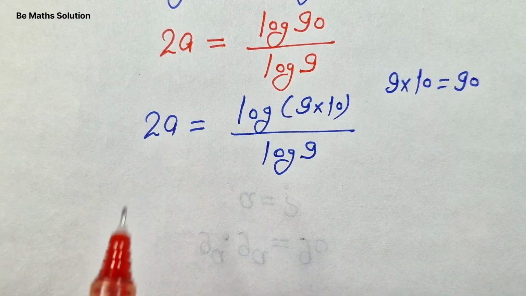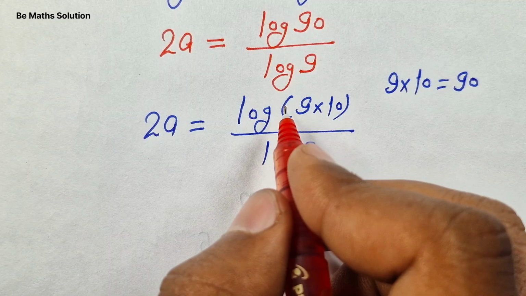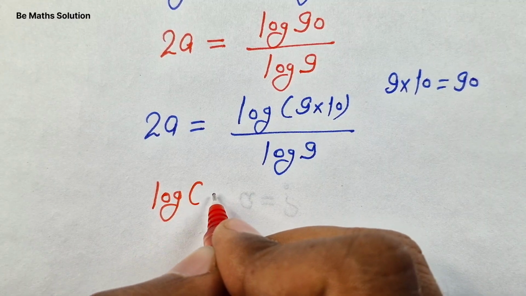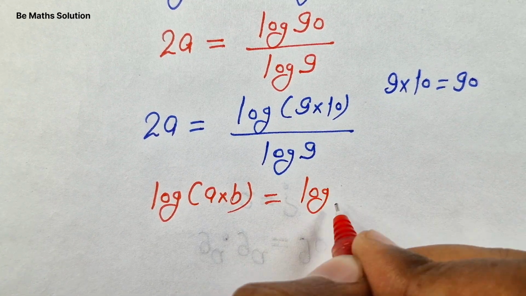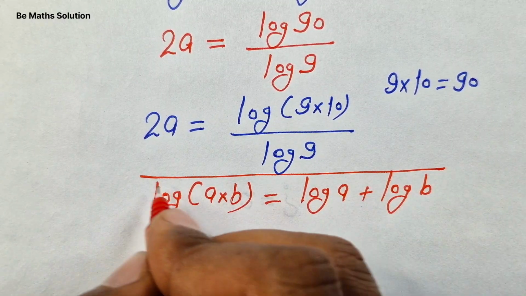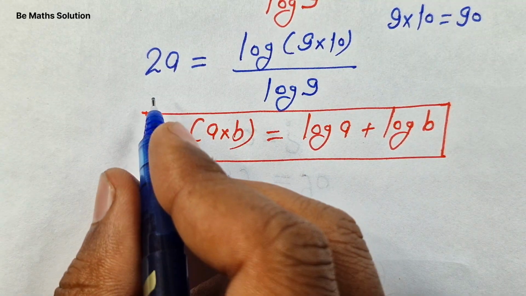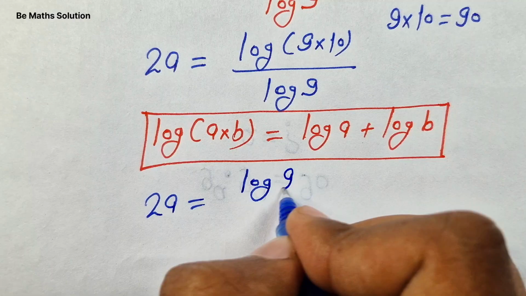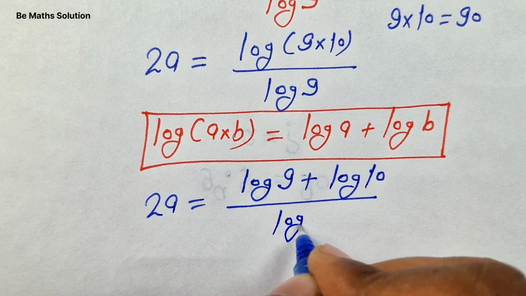Then in the form of the rule log of bracket a times b is equal to log of a plus log of b, this rule is applied, so 2a is equal to log of 9 plus log of 10 over log of 9.